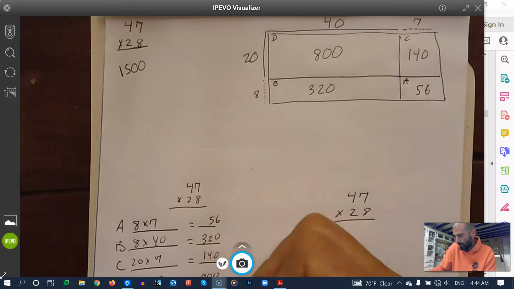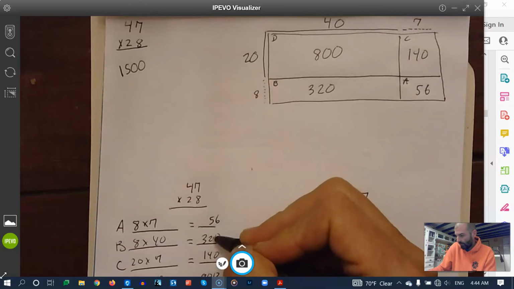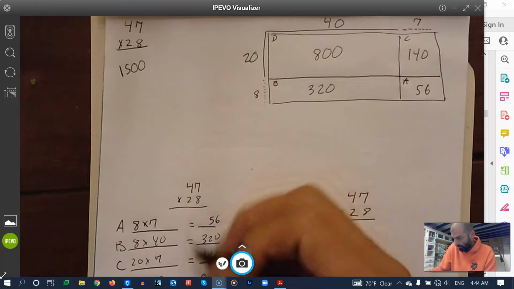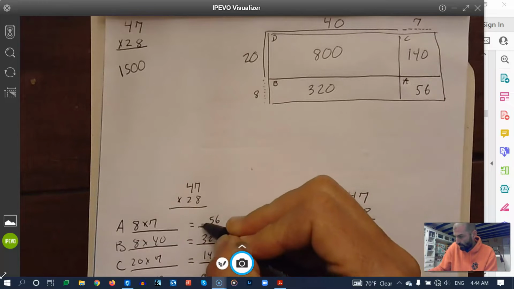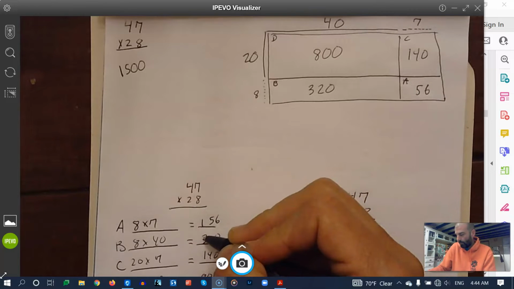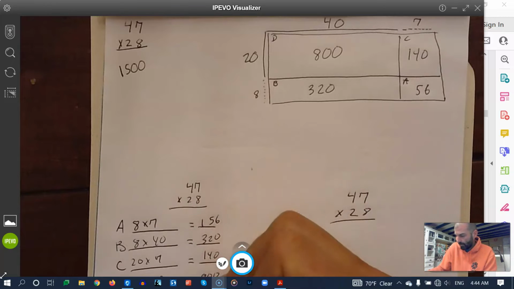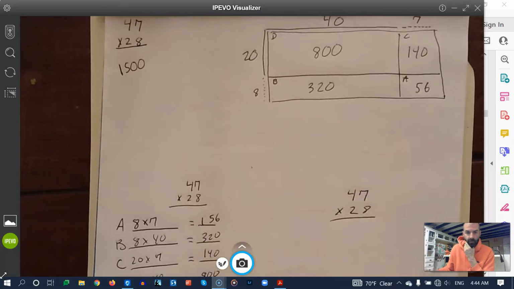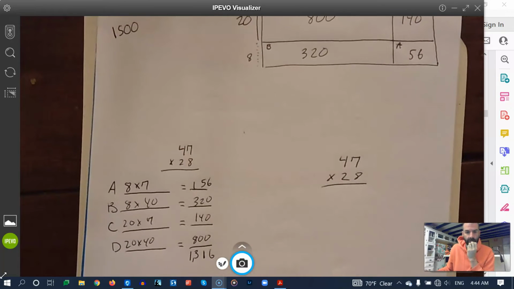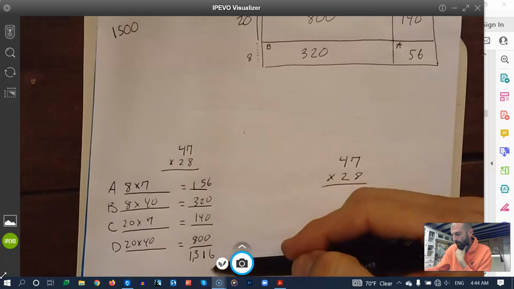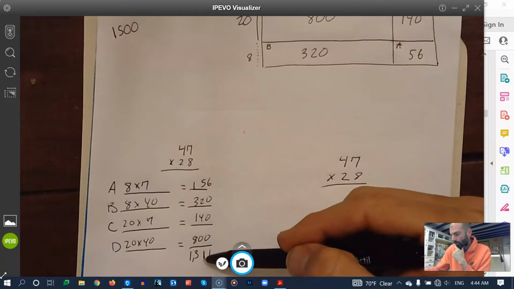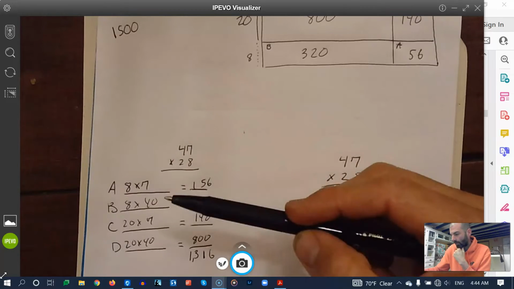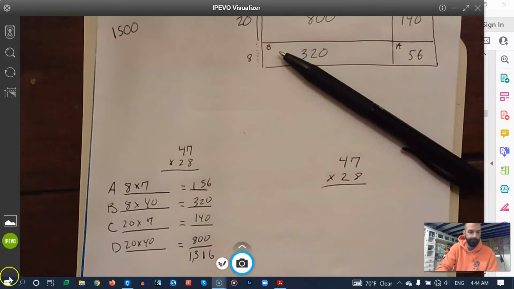So we have 6 plus 0 is 6, 5 plus 2 is 7, plus 4 is 11. Carry that 1. 1 plus 3 is 4, plus 1 is 5, plus 8 is 13. So 1,316 is our answer, and that's close to 1,500, so that feels pretty good. Let me double check my math here. 5, 7, 11, carry 1, 4. 13, that looks pretty good.